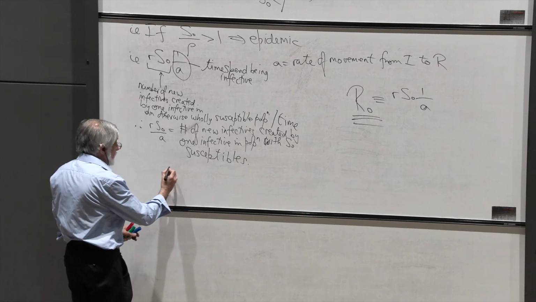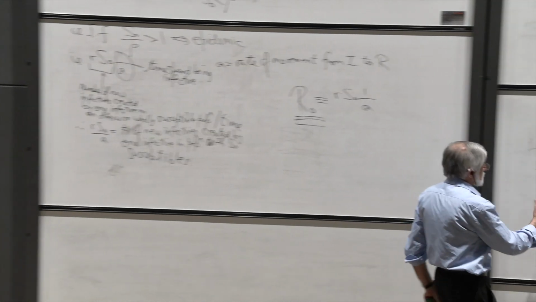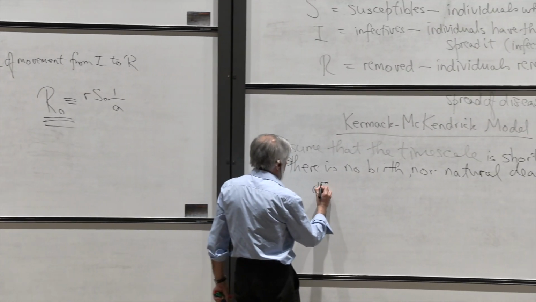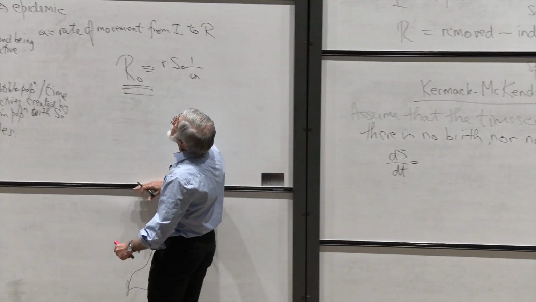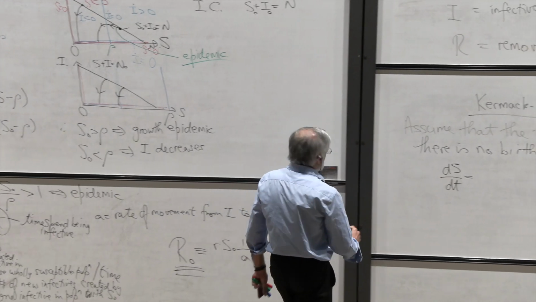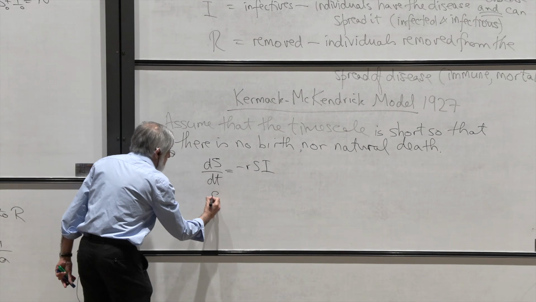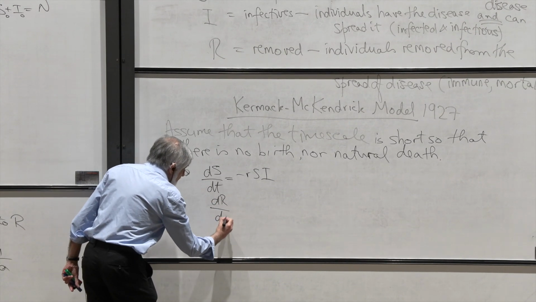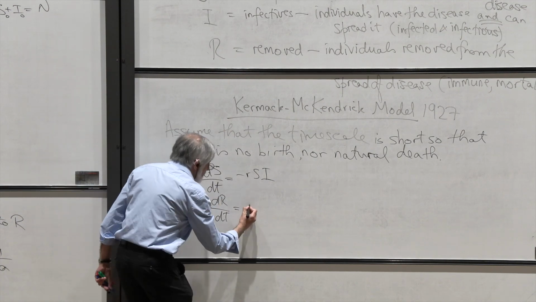So let's look at, let's go over here, ds by dt equals minus r si. dr by dt equals ai.